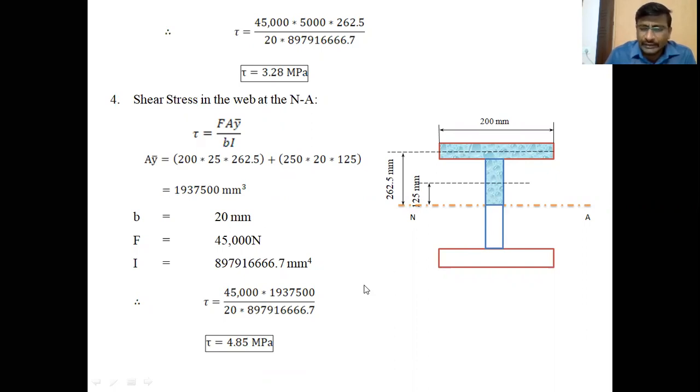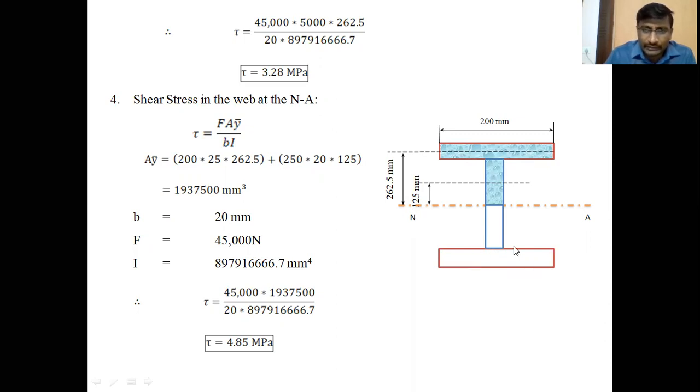Clear, students? So the remaining values are the shear stress in the flange at the bottom junction, the shear stress in the web at the bottom junction, and the shear stress at the extreme bottom layer. For the first two, by symmetry, because this I section is symmetric about the neutral axis, whatever values are at the upper junction, the same values will be developed at the bottom junction.